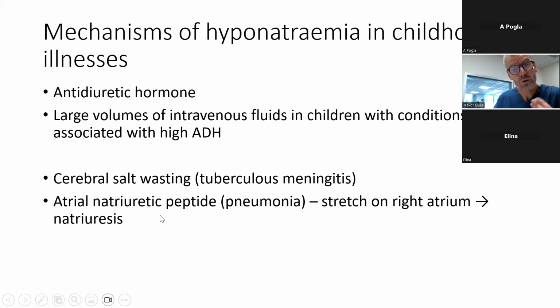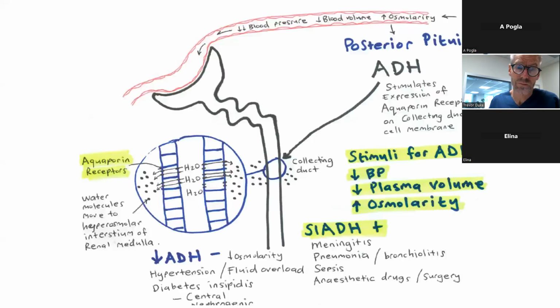And so the cause of hyponatremia in some conditions can be more complicated than just high levels of antidiuretic hormone, but it can be due to these other mechanisms as well. But most of the hyponatremia we see is a combination of high levels of ADH and the wrong sort of fluid being given to children.